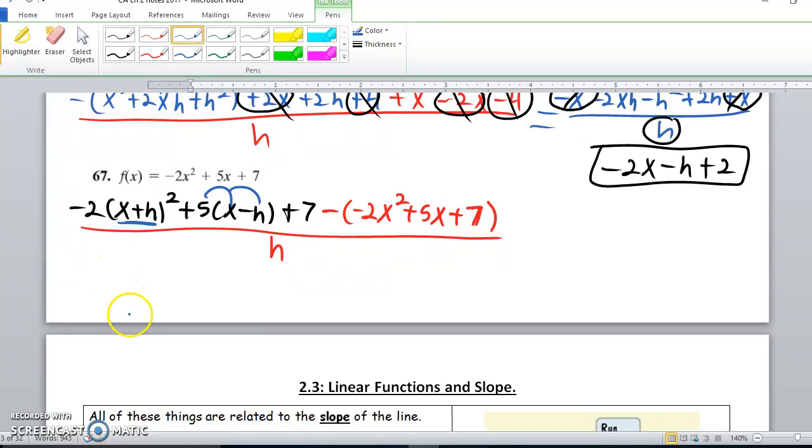Negative 2 times, this is going to become x squared plus 2xh plus h squared. Then we distribute that 5, so plus 5x minus 5h. And don't forget the plus 7.